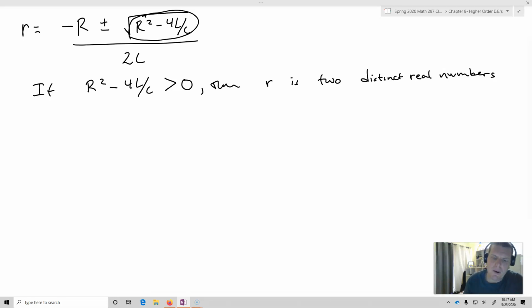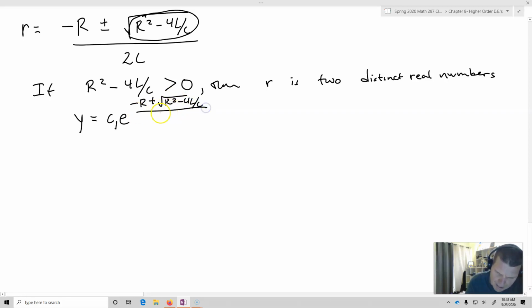Well, that means that y is going to equal C1 e to the negative r plus the square root of r squared minus 4L over C, divided by 2L, plus C2 e to the negative r minus the square root of r squared minus 4L over C, divided by 2L.